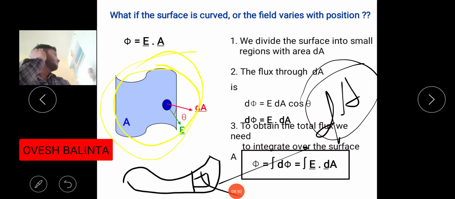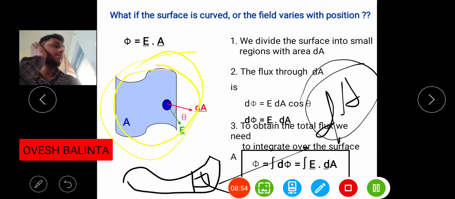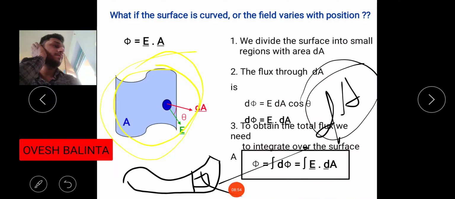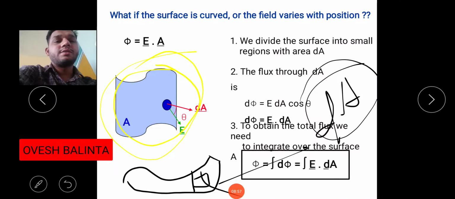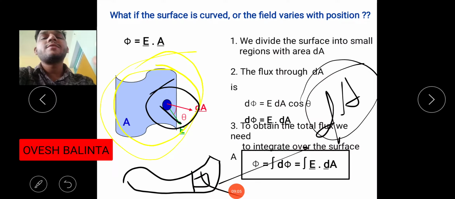So what does discrete quantity mean? Here we are considering a small part. This one is the small part we are considering, and it makes an angle with our electric field line.